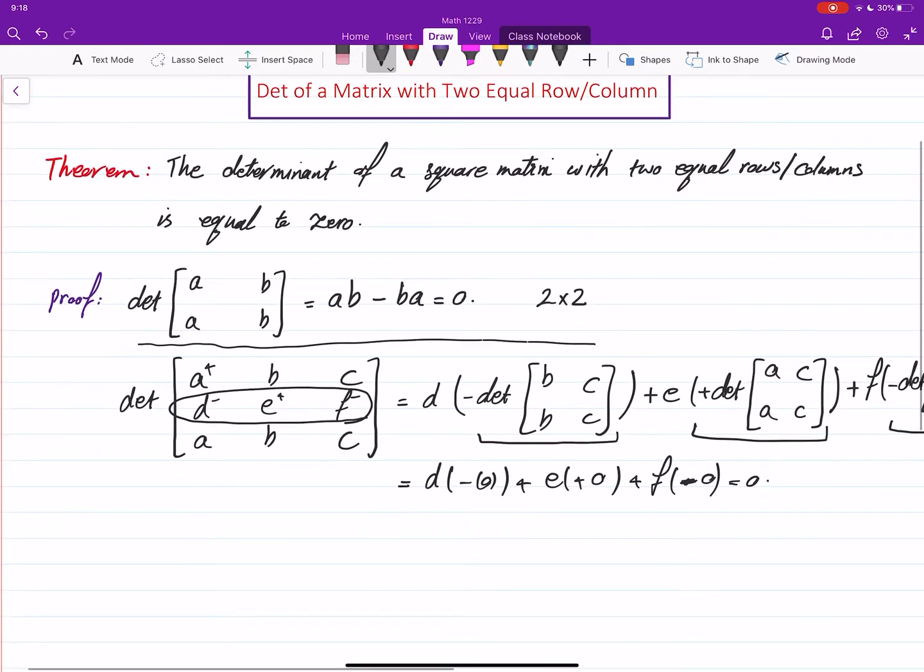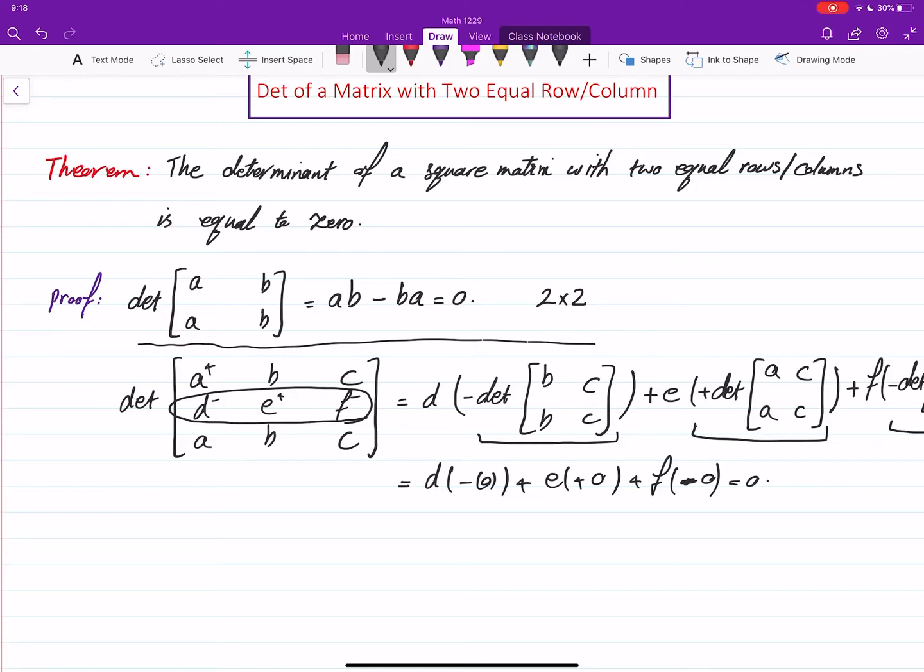Well, then you can go for 4 by 4 matrices. When you're doing the determinant of a 4 by 4 matrix which has two equal rows or equal columns, you expand along a row which is not one of those two. Then all the submatrices will have two equal rows.